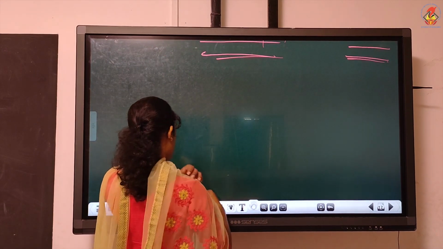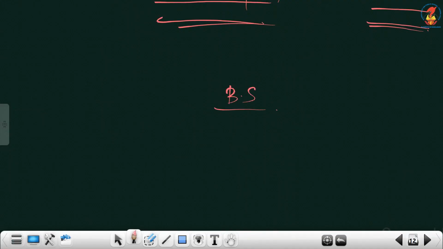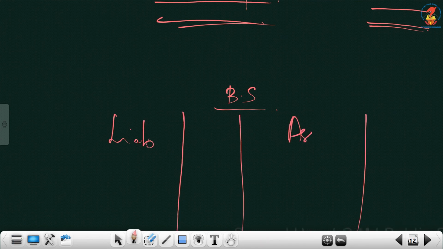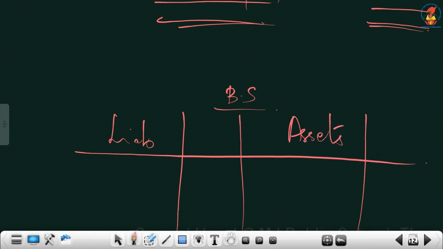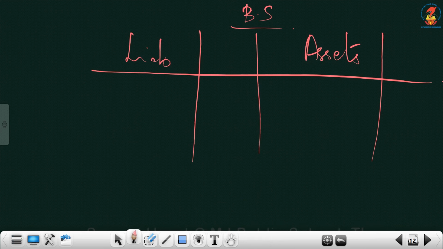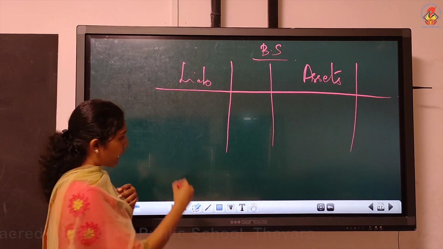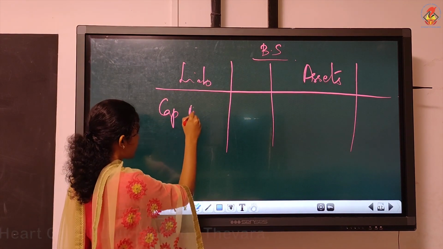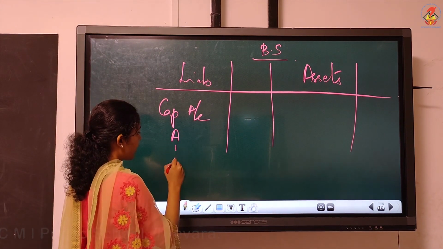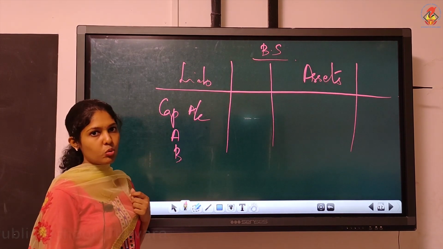Next we have to do the balance sheet also. Balance sheet, I'll just show the new items. Rest you can complete. The new items means mainly it is the loan account and the capital balances. So capital accounts, when you write, you can write only for A and B. C is no more a partner.